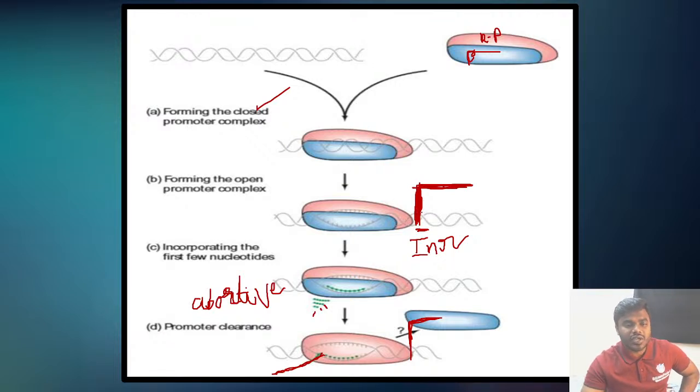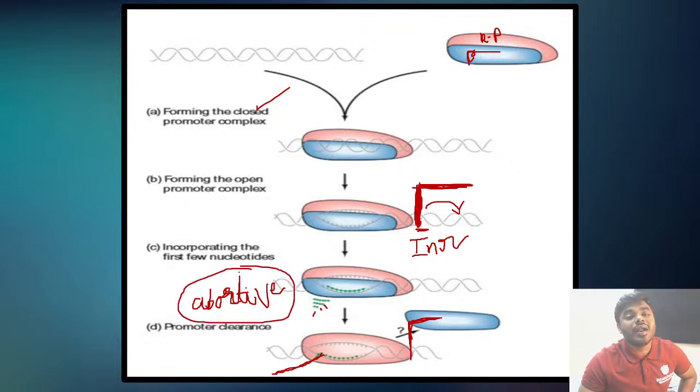Later, what is the unique statement I want you people to remember here? The RNA polymerase enzyme, before reaching the initiator region, starts synthesizing the RNA. This kind of initiation we call the abortive initiation. Why does this abortive initiation occur?